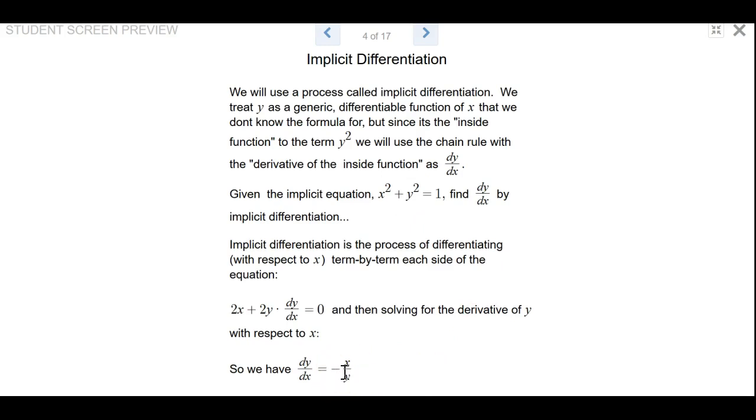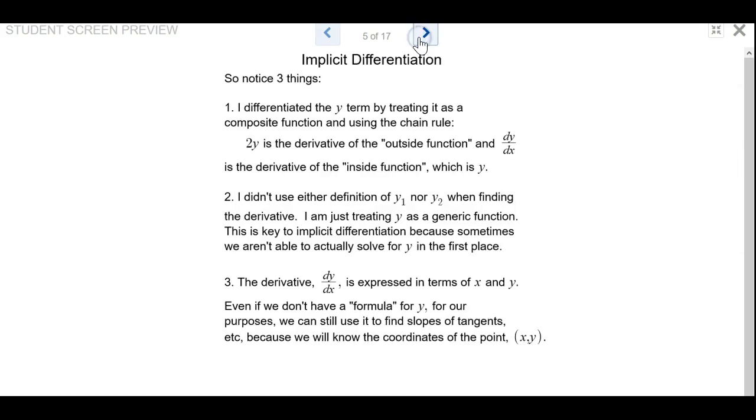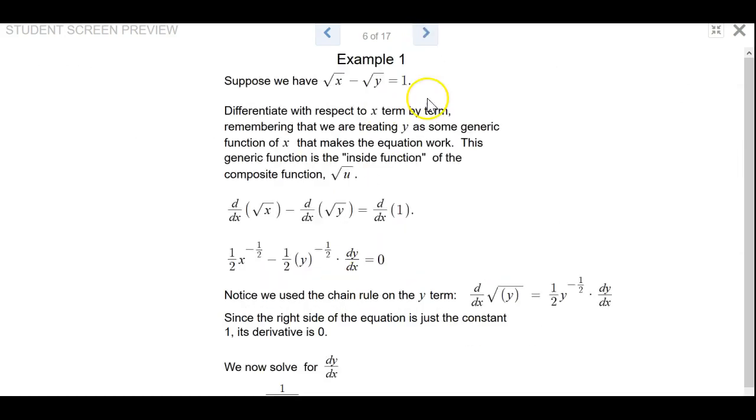But sometimes we don't know how to solve algebraically for y. Like if this had been x cubed and y cubed, or x to the sixth and y to the sixth, we don't know how to solve those with our skill set. So this is sometimes necessary, without having to solve for y, or being able to solve for y.